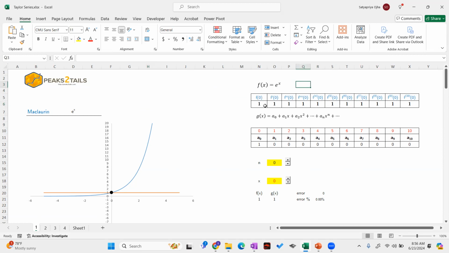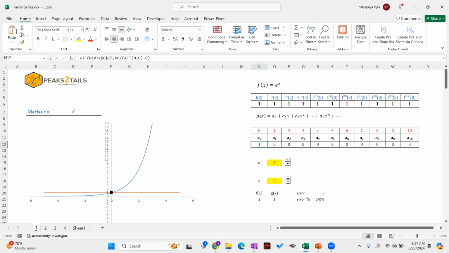All the derivatives at 0 are 1. If you remember, e to the power x derivative is e to the power x. No matter how many times you differentiate, it will be e to the power x, and at x equal to 0, e to the power x would be 1. So all these derivatives are 1. This I've done to capture the Taylor series expansion, because all of these will be needed in the Taylor series. These coefficients are the corresponding derivatives divided by the factorial, right?